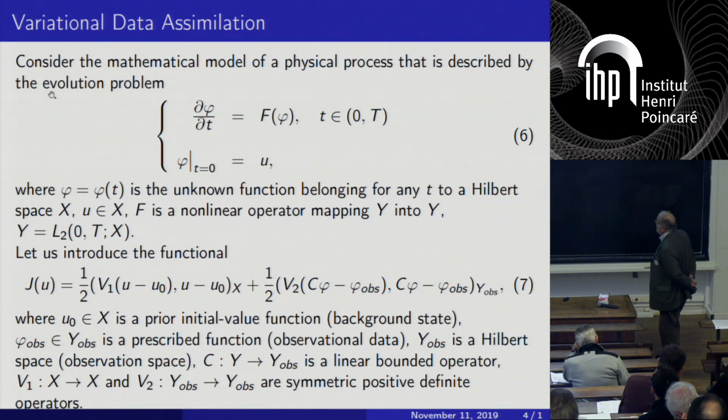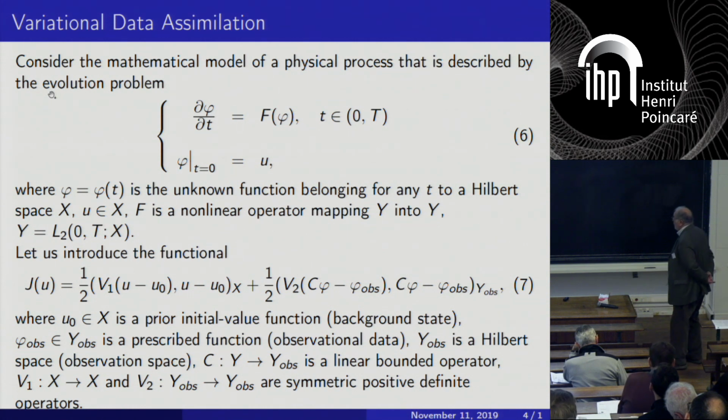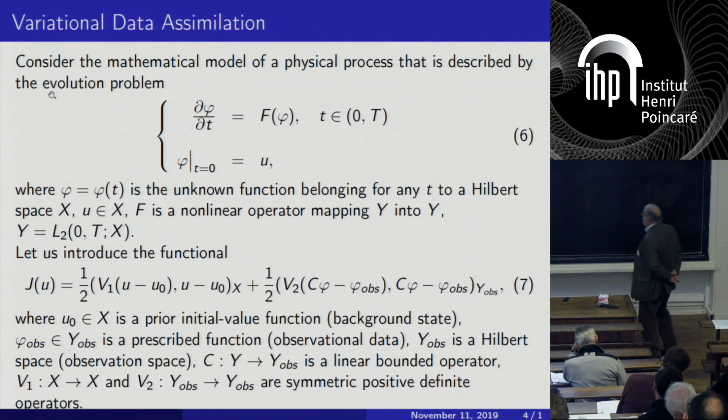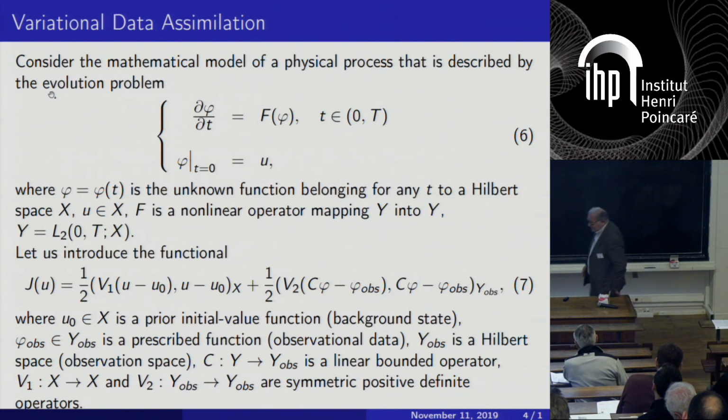V1 and V2 are supposed to be the equivalent of the inverse of the covariance operators. So u0 is the first guess, and C is the linear bounded operator from the space of the initial condition, capital X, to the space of observation, and V1 and V2 are supposed to be symmetric positive definite. Of course, it is something looking like the covariances.